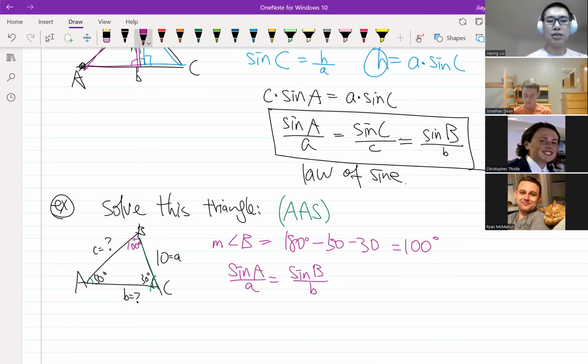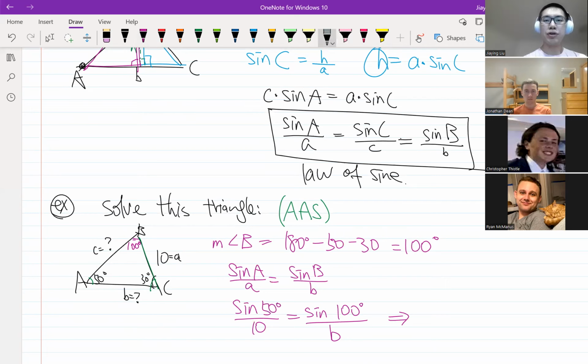So that's sine 50 over the lowercase a, which is the side opposite from angle A, that's 10, which is equal to sine B, which we found out to be 100 degrees, divided by side b, which we don't know. That's fine. We got one equation, one unknown. So from here, we can solve for b.